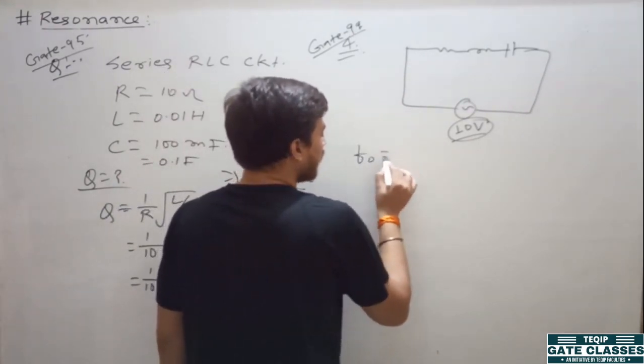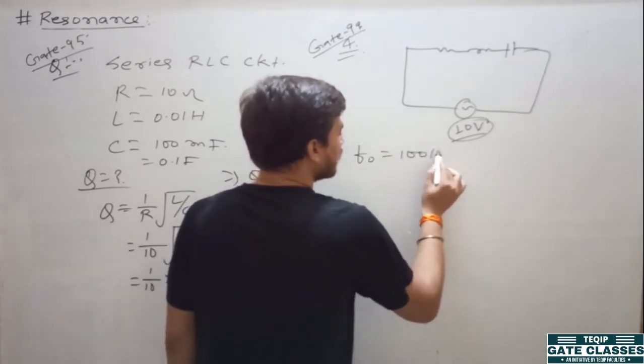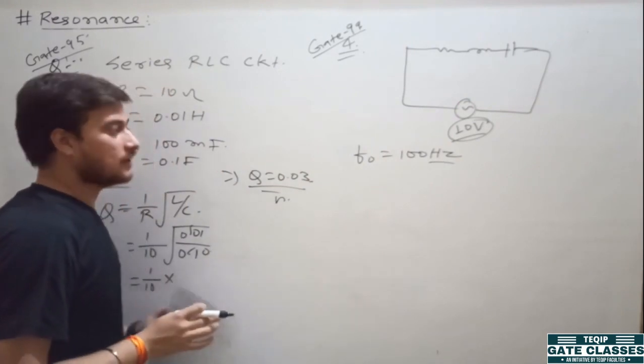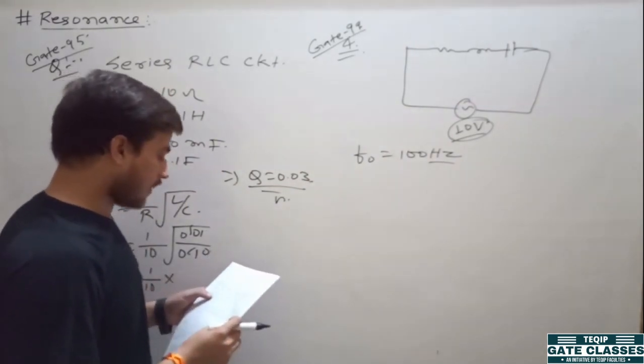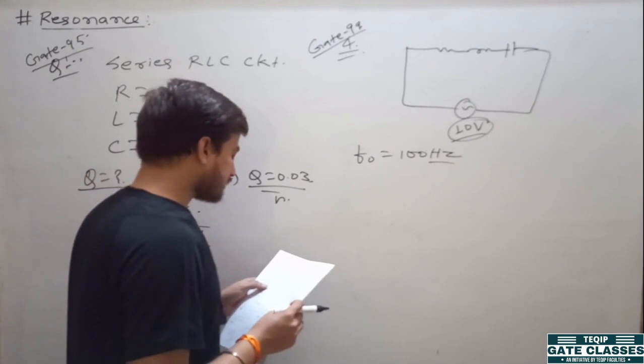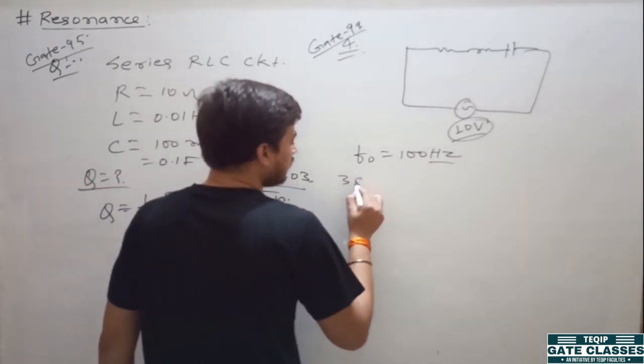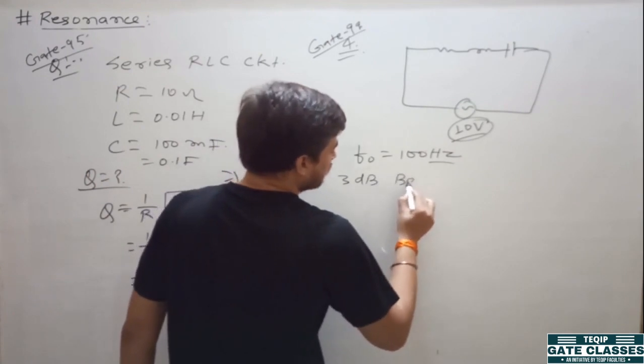That means F naught is given as 100 Hz. Since the unit is Hz, that's why it is F naught, not omega naught. Clear? And it has a 3 dB bandwidth of 5 Hz.